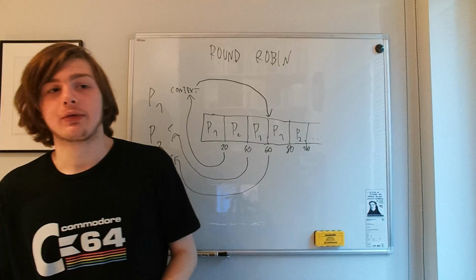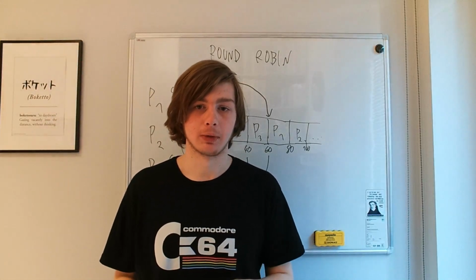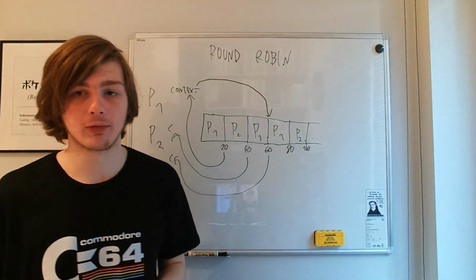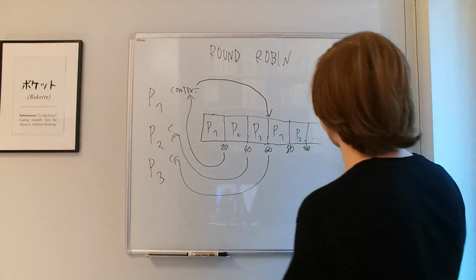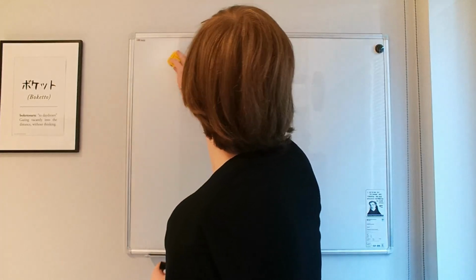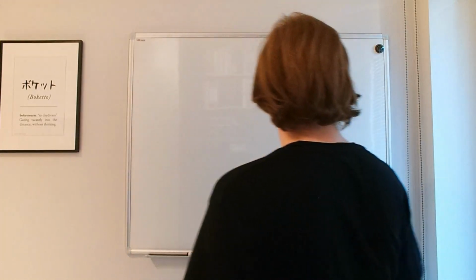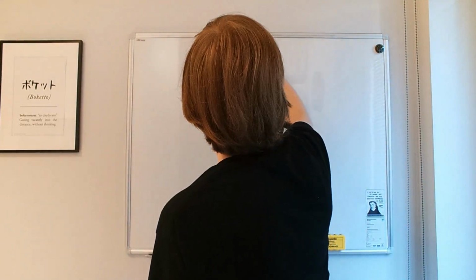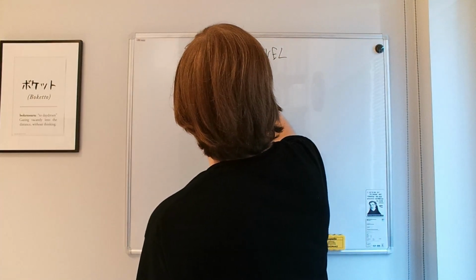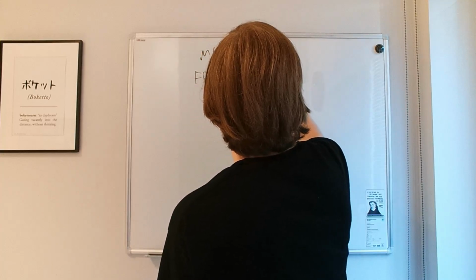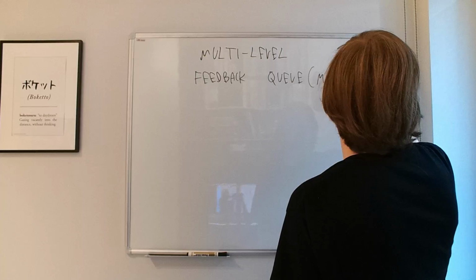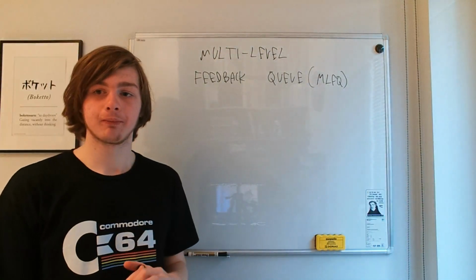So what most modern operating systems do is they use some variety of something called the multi-level feedback queue, or MLFQ for short.